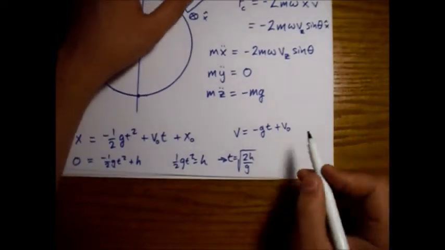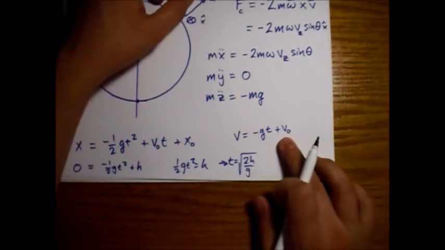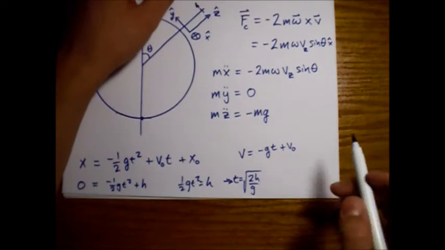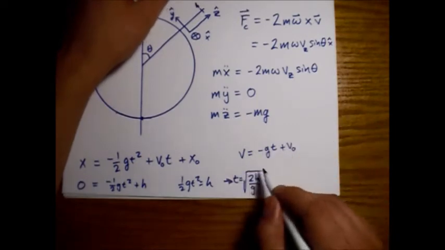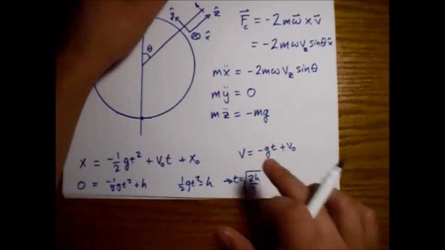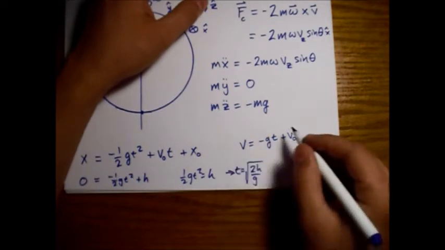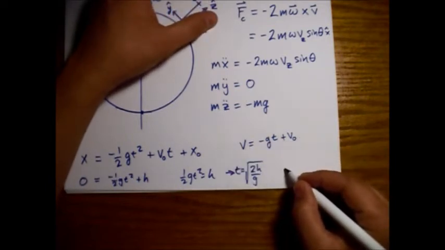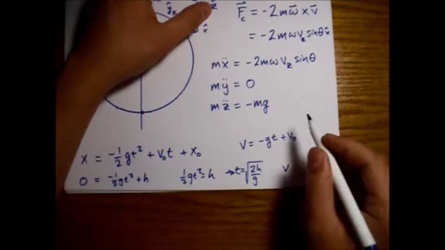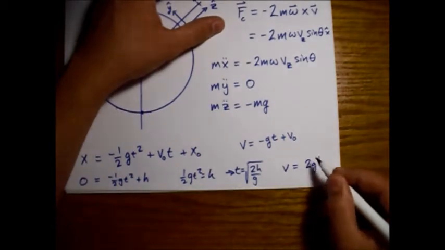Okay, the v naught is going to be 0. All right, this is the dropping case, and so we just plug in this t. So we're just multiplying by g to get the final velocity. I'm just going to look at the magnitude of this. Okay, so multiplying by g, we just get the square root of 2gh.